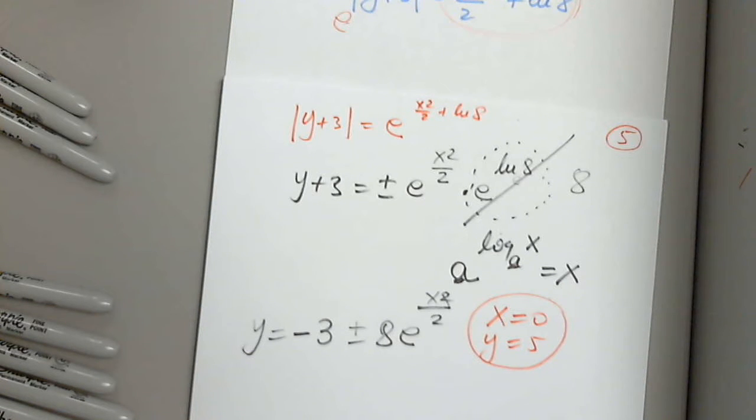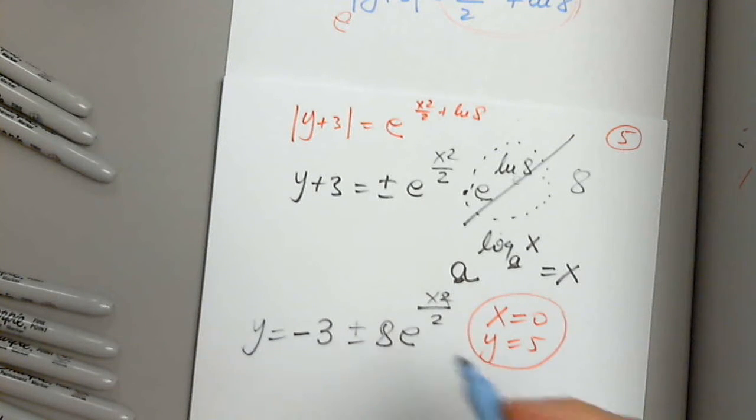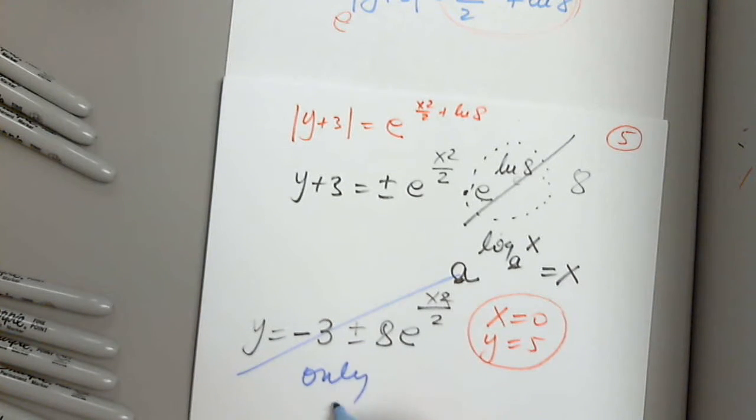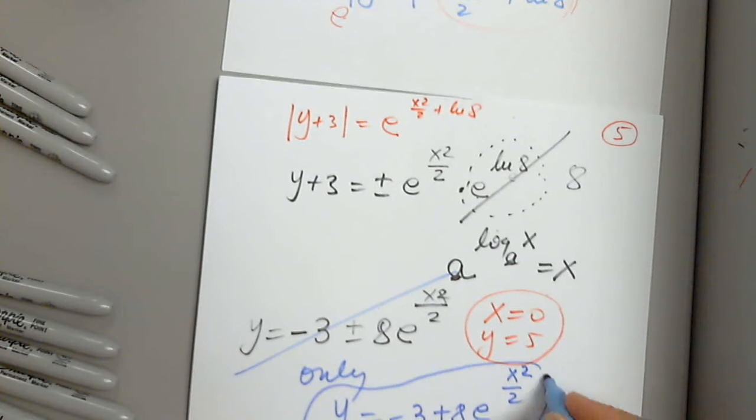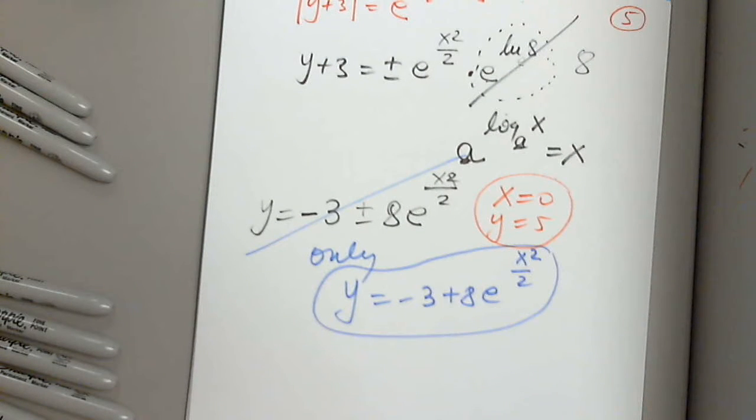When x is 0, this is 1, and I want the answer to be 5. Only the positive. So only y equals negative 3 plus 8 e to x squared over 2 is the function we are looking for.